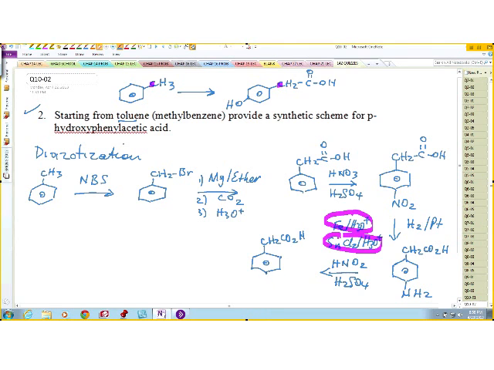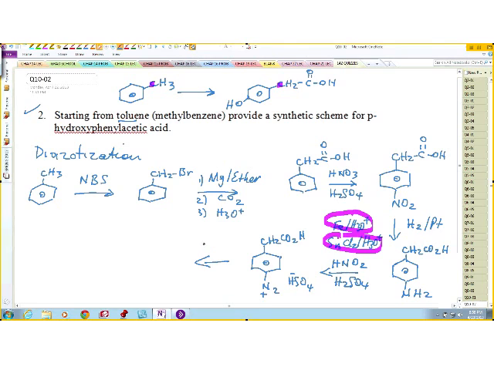That gives you the diazonium ion. Of course, next to that will be your counter ion, but you don't necessarily need to write the counter ion. Okay, so you now have your diazonium salt or diazonium ion, and then what do you want to do at this point?